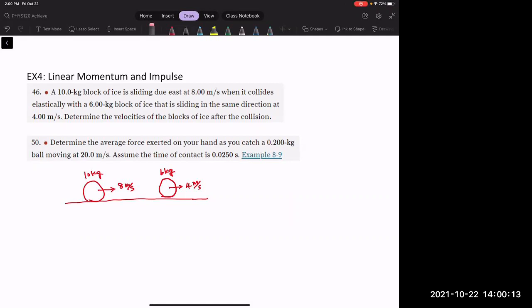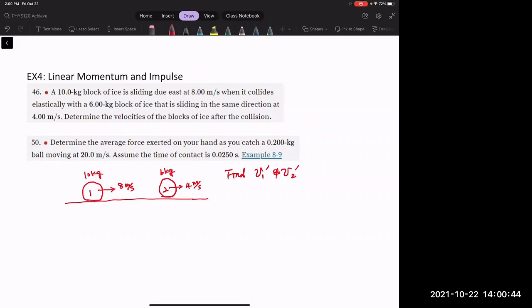They want to find the velocities. If this is object 1, this is object 2, then they want to find V1 prime and V2 prime, the final velocities of those objects afterwards.